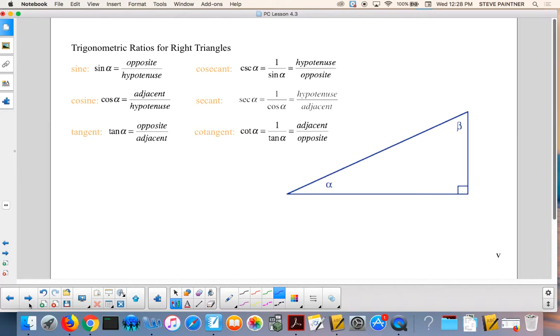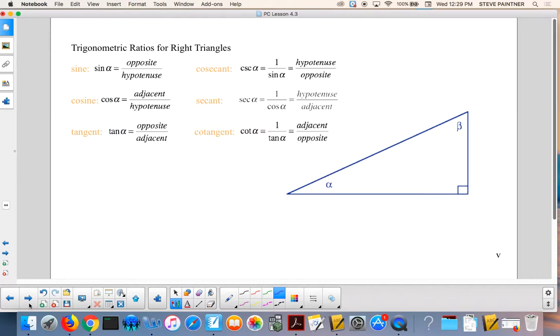It looks so small. Here are your trig ratios. Sine, cosine, tangent are the big 3. The reciprocals over here we don't use much, but when they show up, I usually go back to the big 3, and I'll show you how later. Sine, cosine, tangent are the ratios: opposite over hypotenuse, adjacent over hypotenuse, opposite over adjacent.